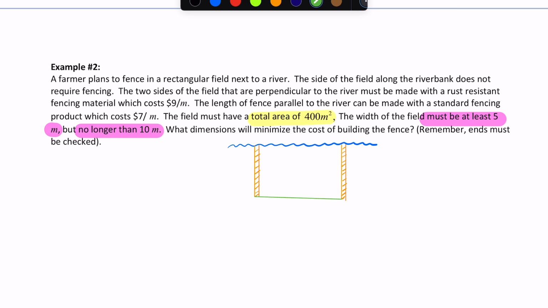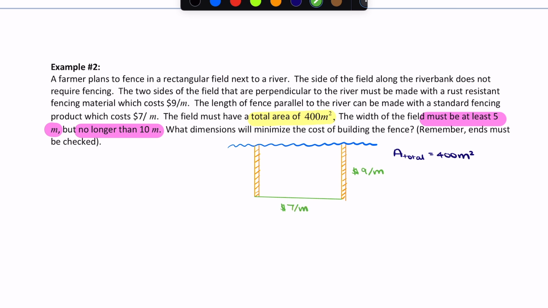Okay, so here, a couple pieces of information we want to write down. We know that the field must have an area of 400 meters squared. The two sides of the field that are perpendicular must be made with a rust-resistant fencing material, which costs $9 per meter. And the length of the fence parallel to the river can be made with standard fencing product, which costs $7 per meter.